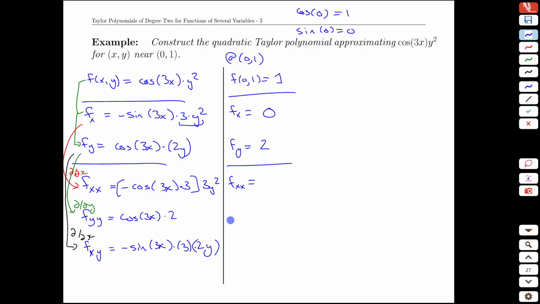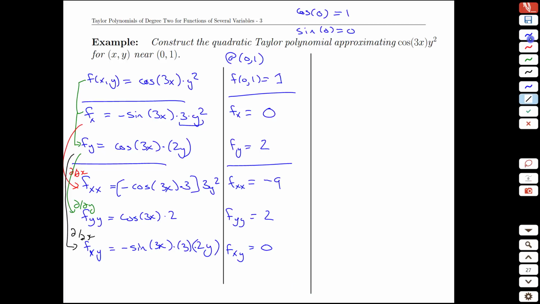Then the second partial derivatives, fxx will be cos is 1, minus 3 times 3 is minus 9. Fyy will be 1 times 2, which is 2. Sine is 0, so we get 0 there.